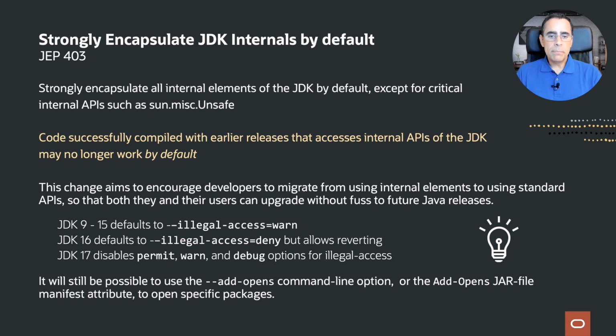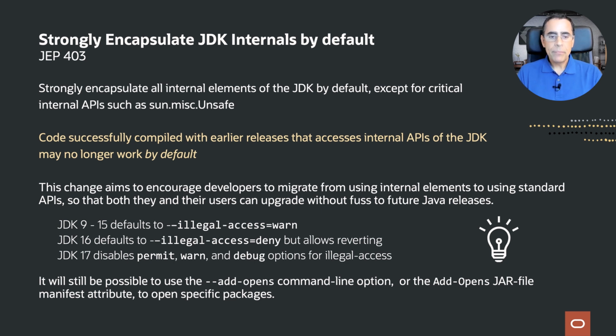One of the contracts between the maintainers of the Java platform and the developers that use it is that there is a set of APIs that developers are welcome to use and which future versions of the JDK are likely to continue having. To deliver those APIs, the maintainers of the platform use internal APIs meant to be used only within the platform. These internal APIs are subject to change without notice, and therefore any program that relies on them might break when applying any update.